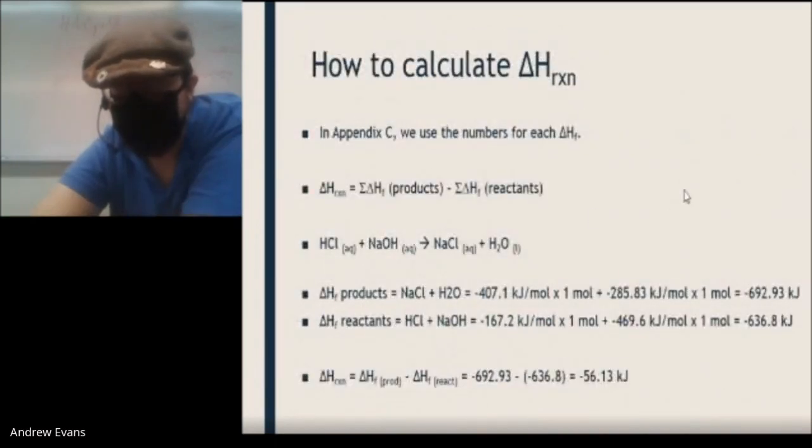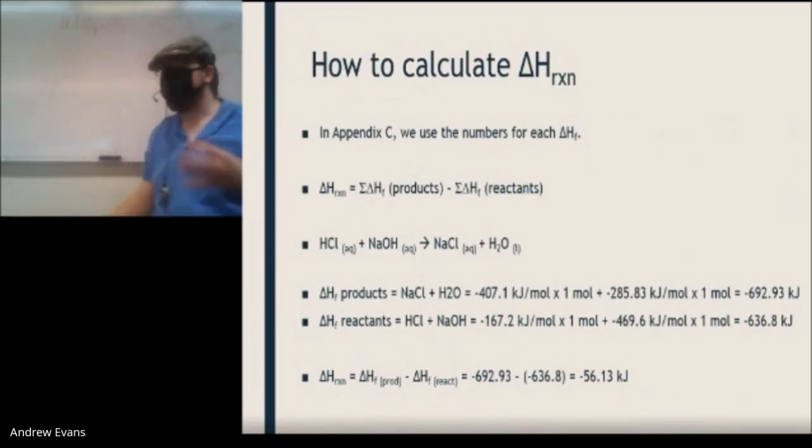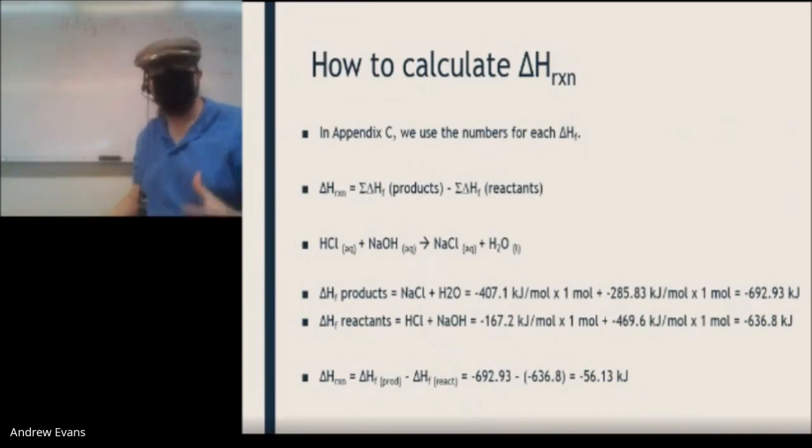But so how do we do this? How do we calculate the enthalpy of a reaction? We are going to look up each value of the enthalpy of formation in the appendix. What we're going to do is sum up all the products, sum up all the reactants, and take the difference between the two. Remember, how did we calculate a difference? It is always final minus initial.